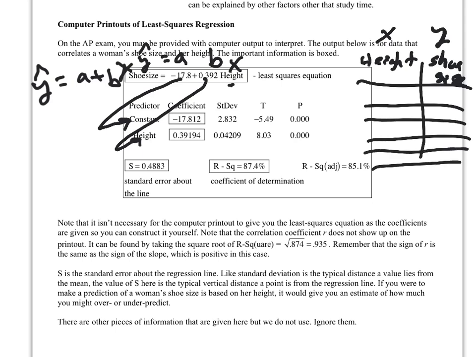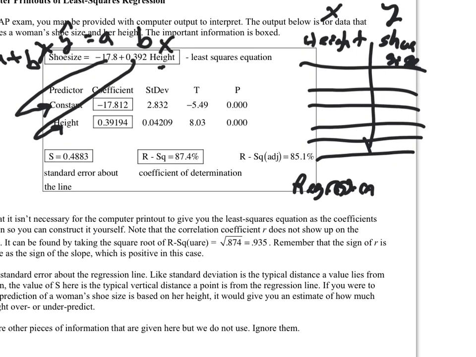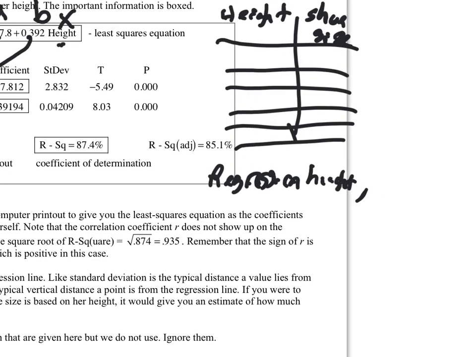And there's always simple commands. After you've keyed all the numbers in, you just type in a command, regression, and you have to give the name of the variables that you're using, either x comma y or height in this case, comma shoe size, because you could have other variables.